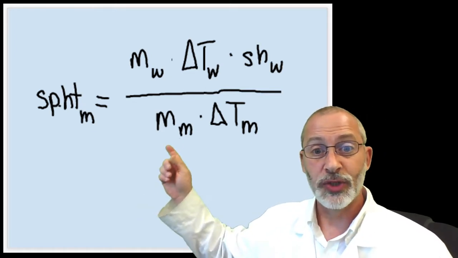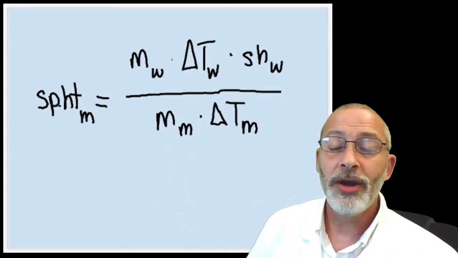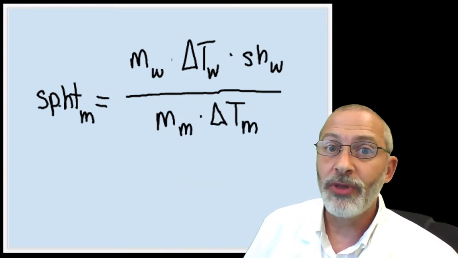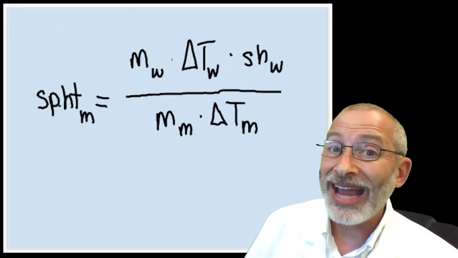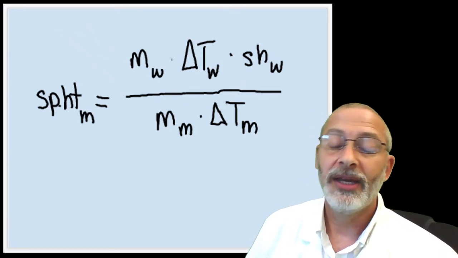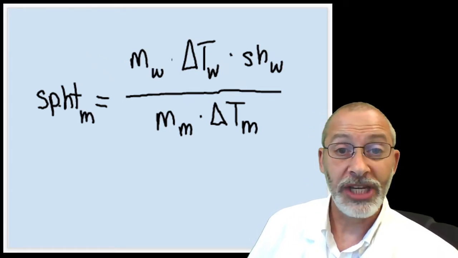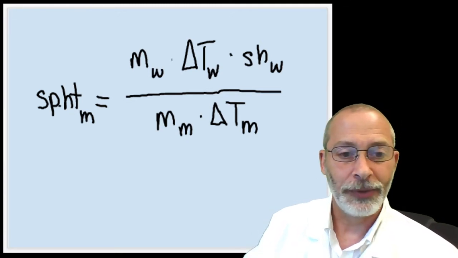So again, it's the specific heat of the metal equals mass of the water times delta T of the water times specific heat of the water, all divided by the mass of the metal times delta T of the metal. So if you need to pause me now, do so. Otherwise, let's continue.